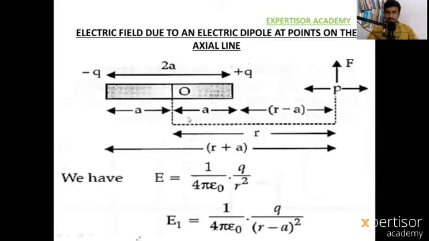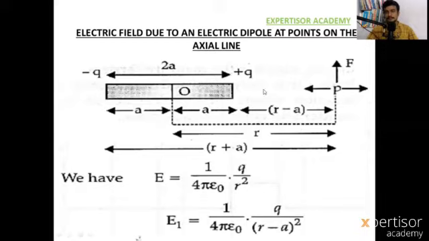You get the structure of the axial line and dipole. See here, minus q and plus q. The distance between these two charges is 2a, so this is the electric dipole. This is the midpoint. From the midpoint to the minus q charge the distance is a, and to the plus q charge it is a, so a plus a, 2a.